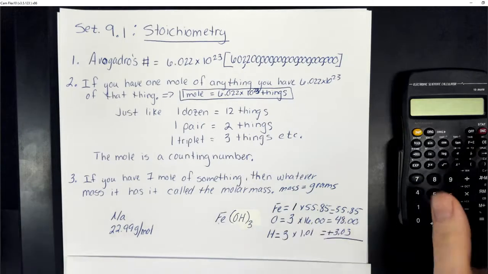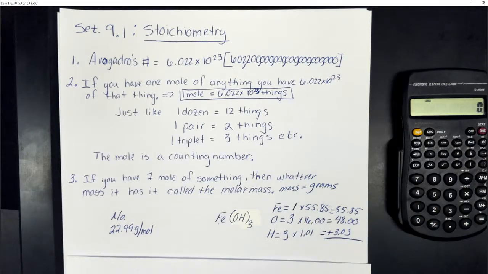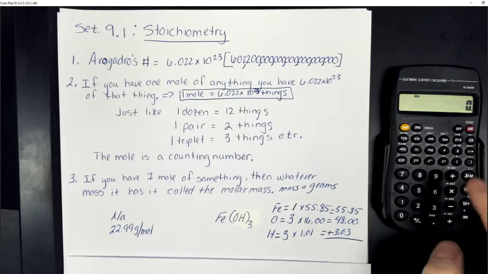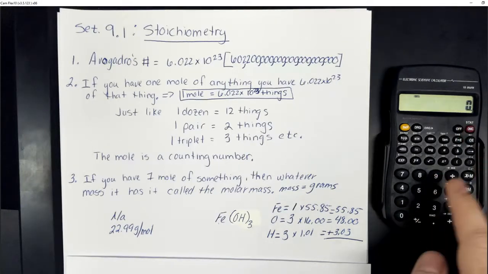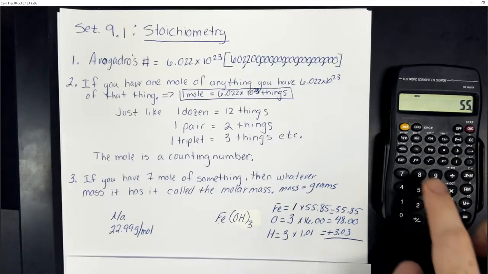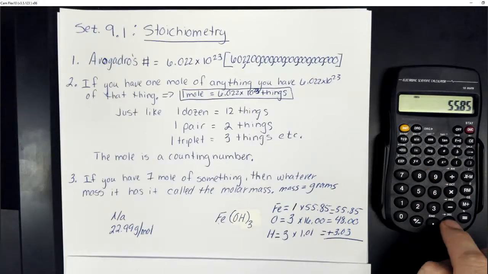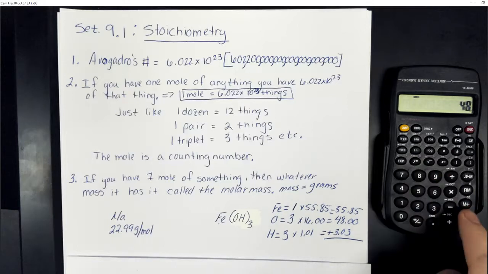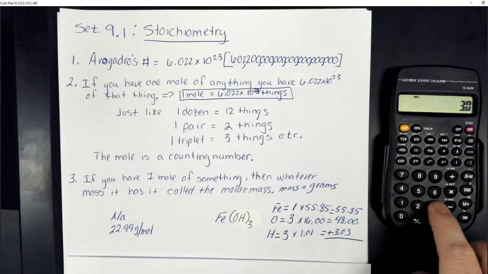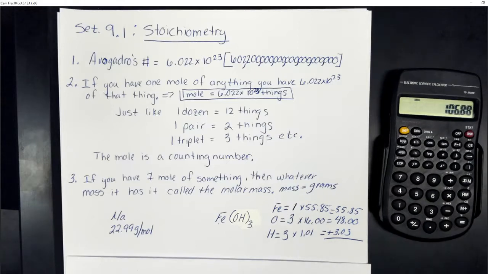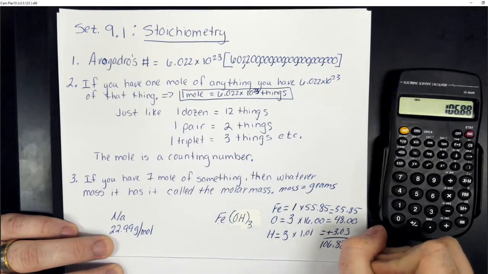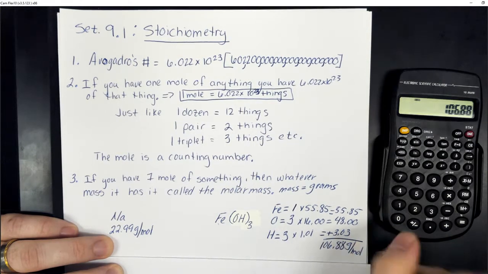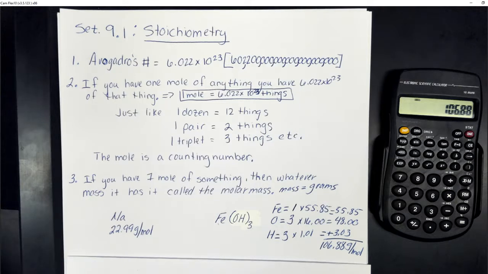So if we add this together, I'll go ahead and do this one in the calculator for you guys. 106.88 grams per mole. Okay, you got to tack on that unit for molar mass.